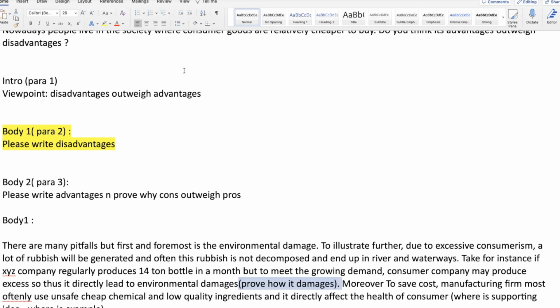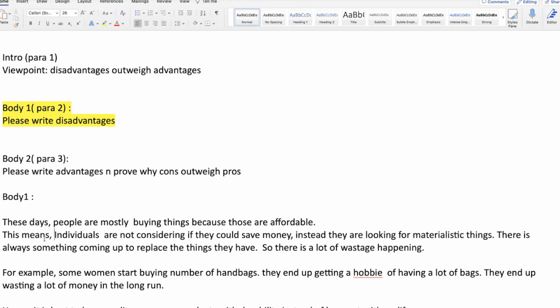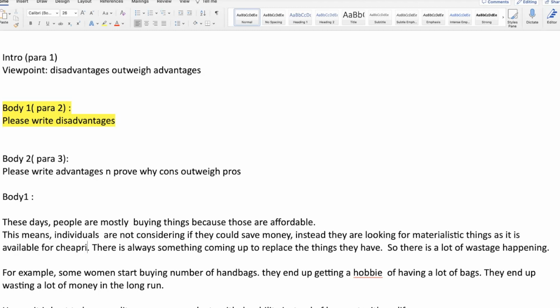Good one, Spurti. You've tried your best. Let me just take it up. These days, people are mostly buying things because those are affordable. Individuals are not considering if they could save money. Instead, they're looking for materialistic things as they are available for cheaper prices.